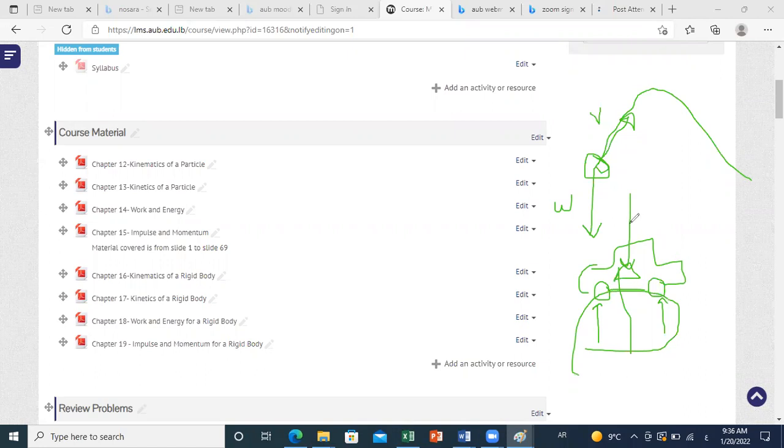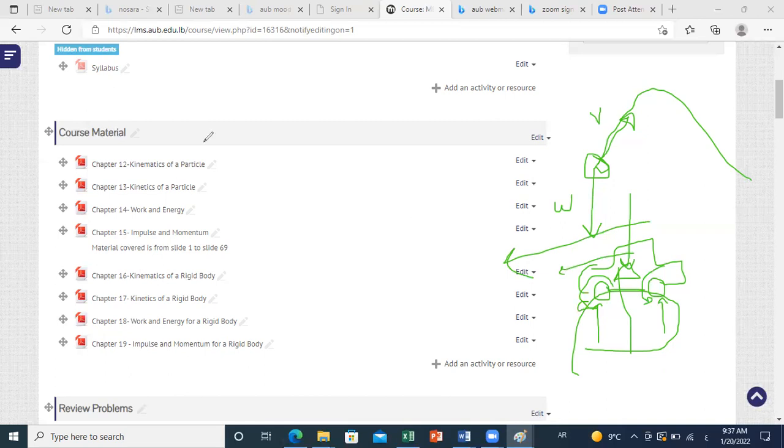Now, when my car is moving and my wheels do rotation while the body of my car undergoes translation, then I should deal with different parts, and I should consider it as a rigid body. I cannot neglect its dimensions anymore.